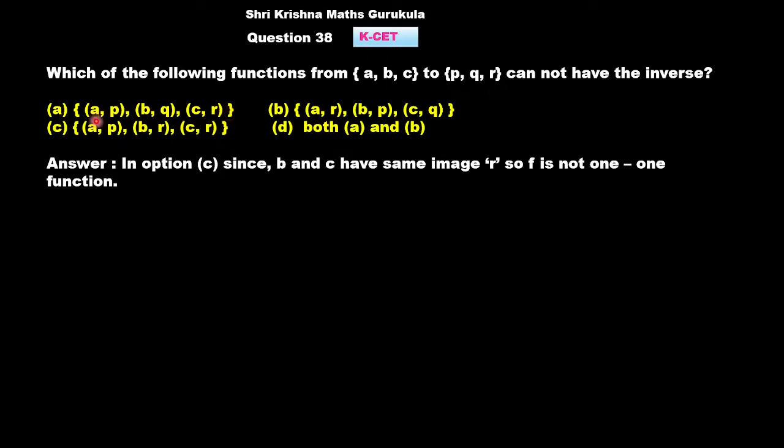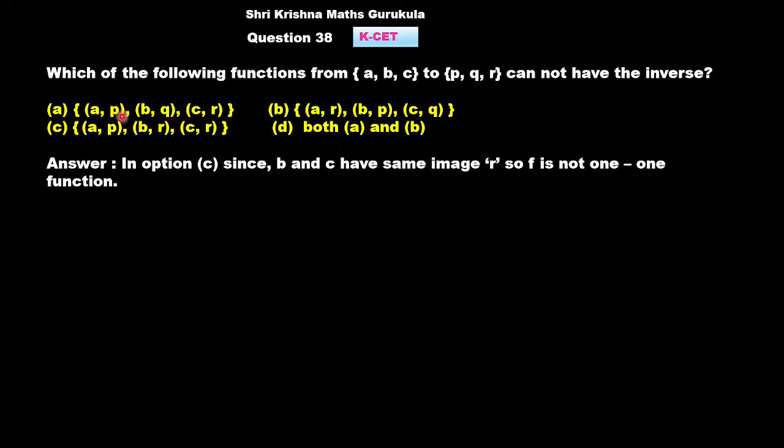That means each element of the domain set has a unique mapping. That is the meaning. So if that is the condition, then the function is 1-1. Now we have to check whether the function is onto or not. For that you have to look at the codomain set. The codomain set has three elements P, Q, R and all three elements should have pre-images. No element of the codomain should be left without a mapping.